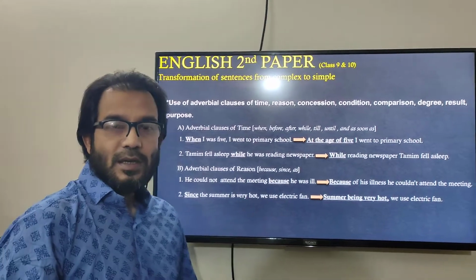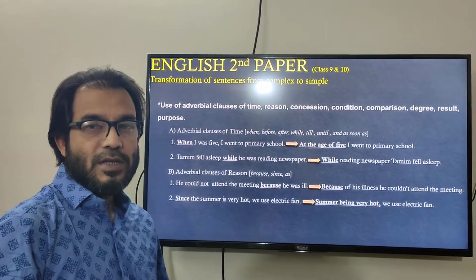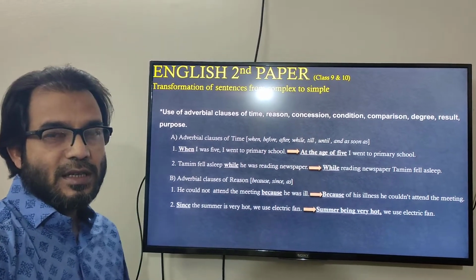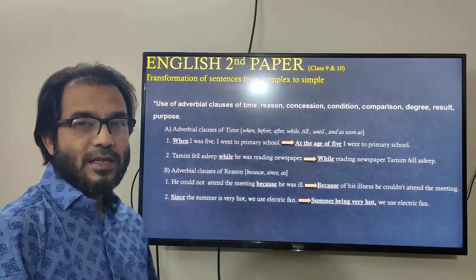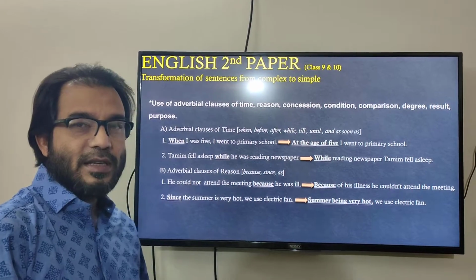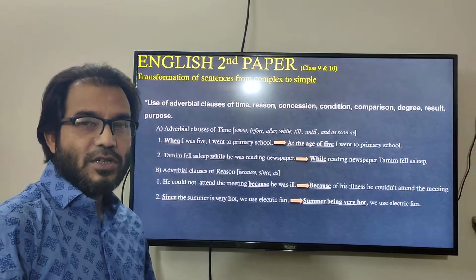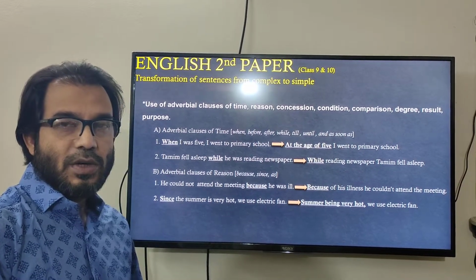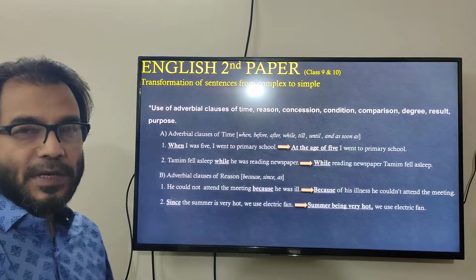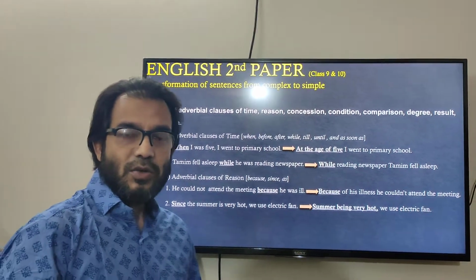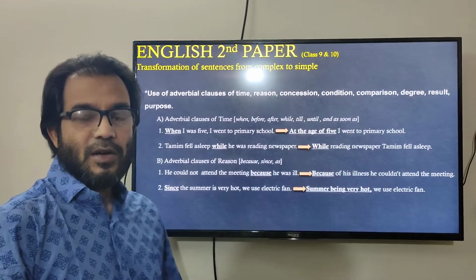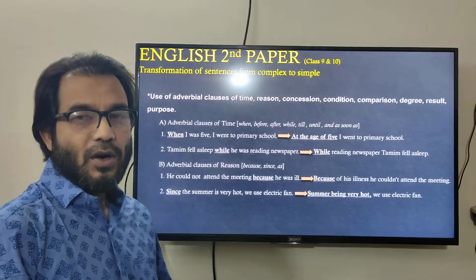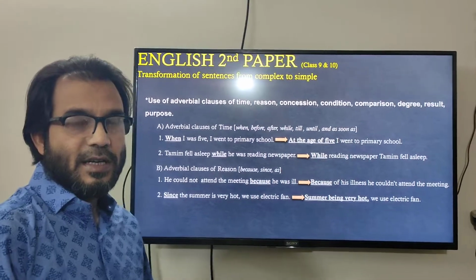Today, the segment I am going to discuss is the adverbial clause and its use in a complex sentence, and the process of transforming it into a simple sentence. In previous classes, I talked to you about clauses and phrases, and I hope you paid deep attention.